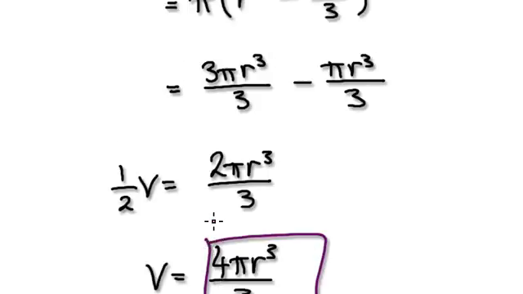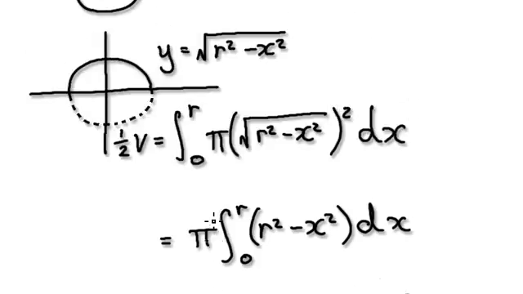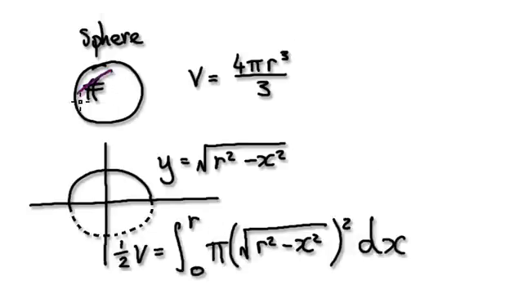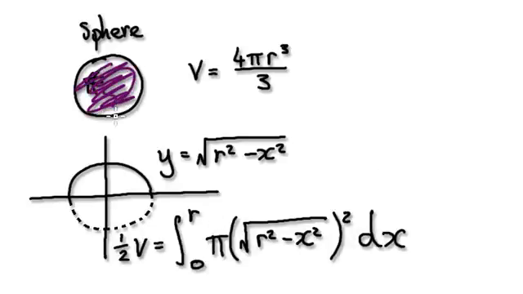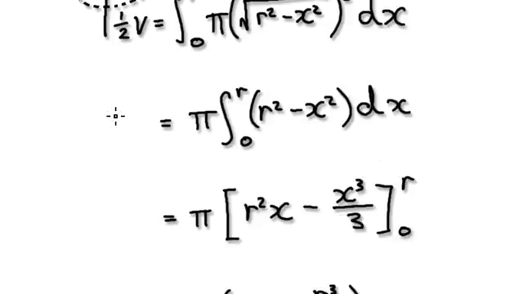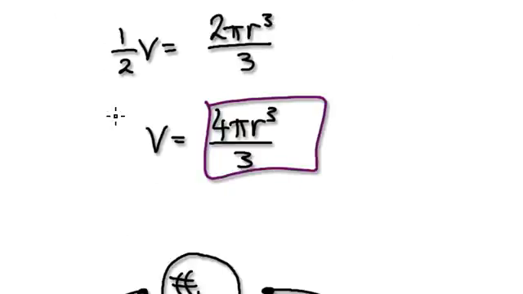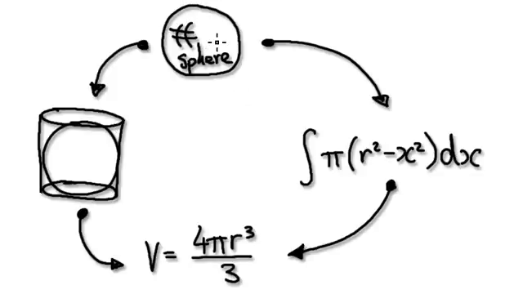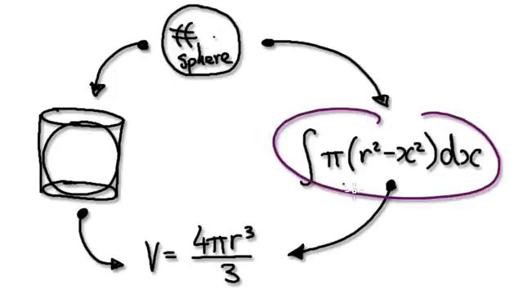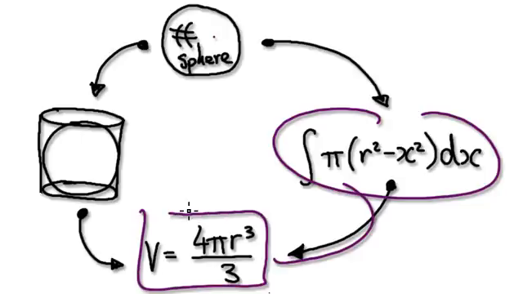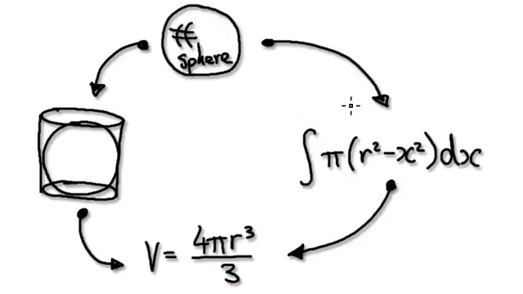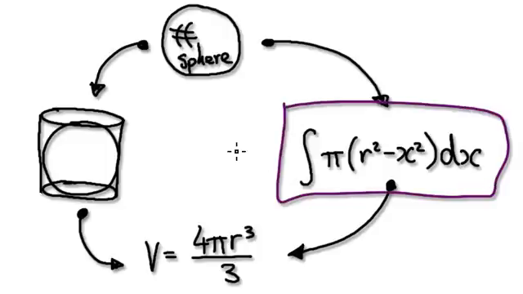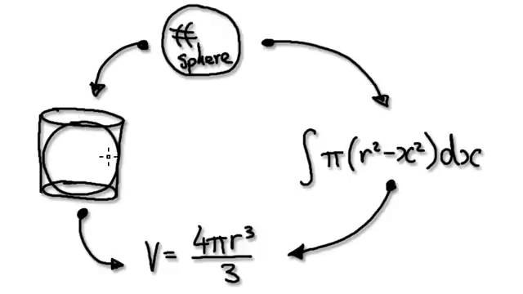The point I'm trying to make is that by using calculus, we can easily work out the volume of a sphere. But back in the olden days, they did not know calculus, so they used a really complicated method, which you have to look up.